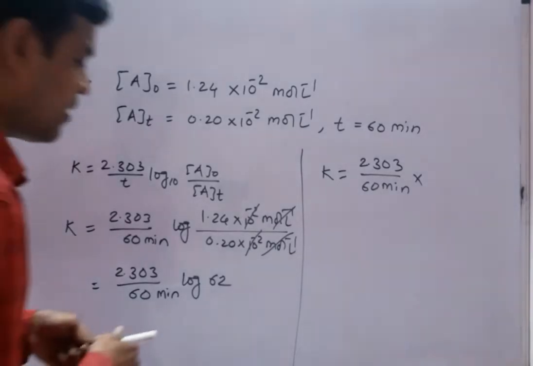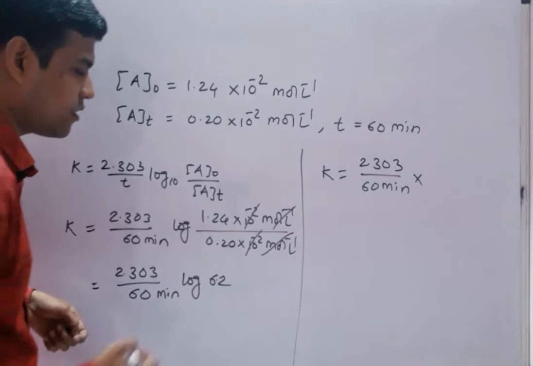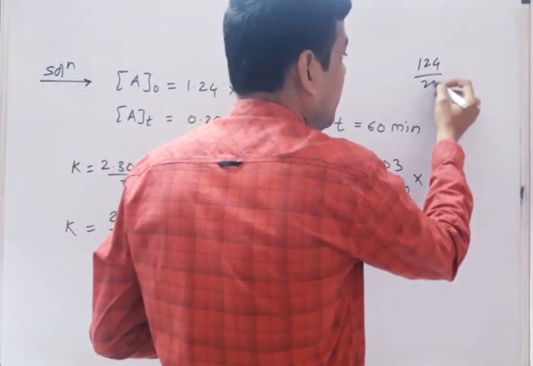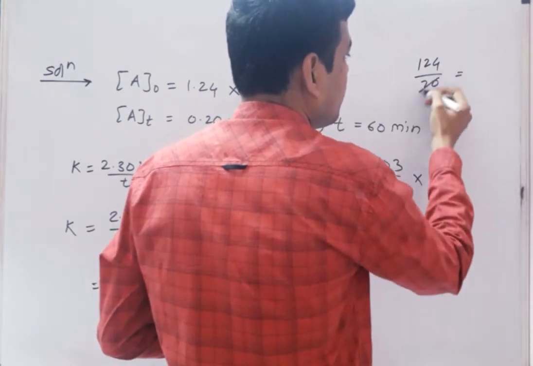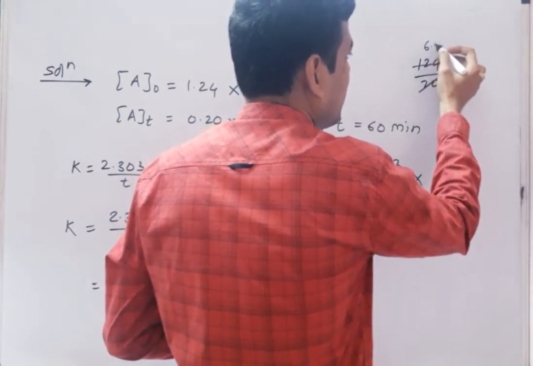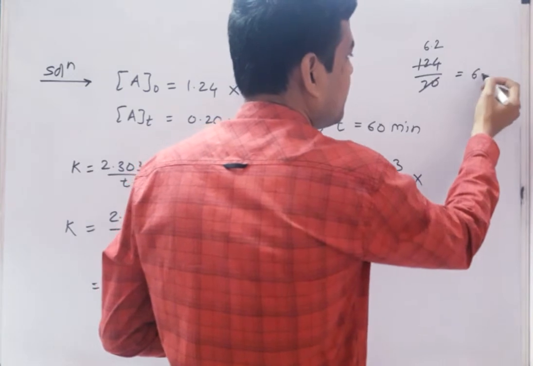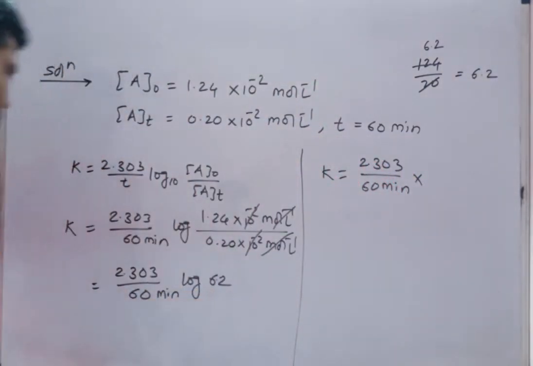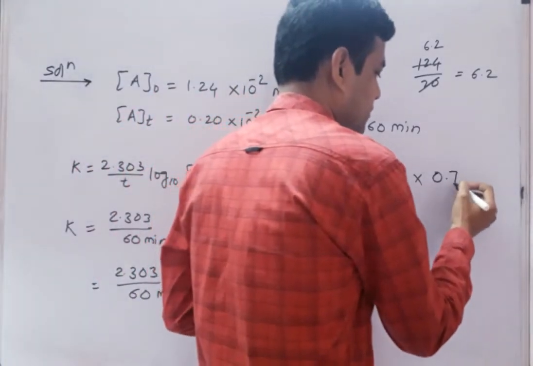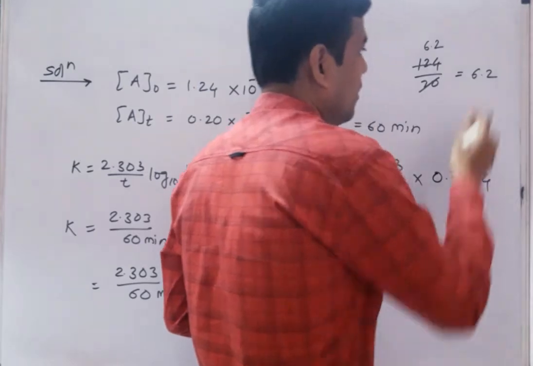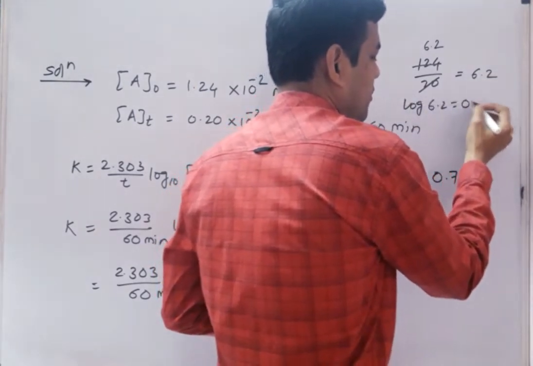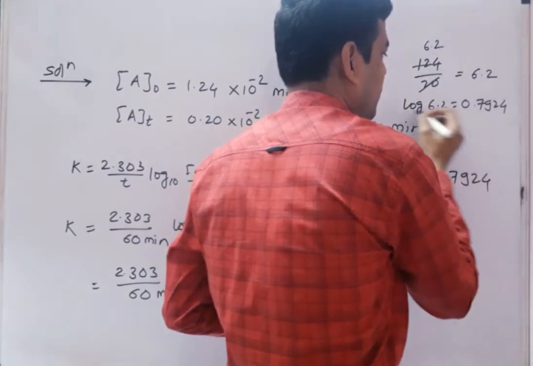Here it becomes 6.2, because once you shift the decimal it becomes 124 by 20, so it is 6.2. You have to take the log of 6.2, and that comes to be 0.7924. Log of 6.2 is equal to 0.7924. Remember this.